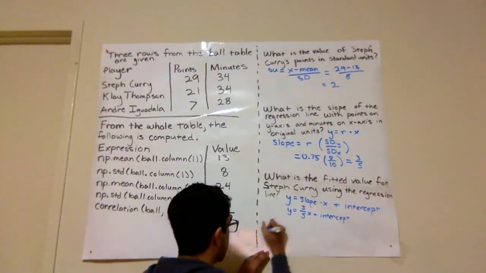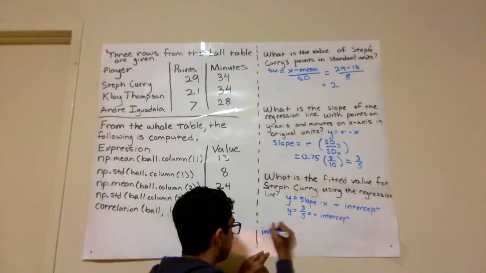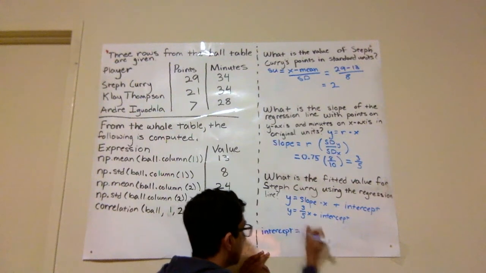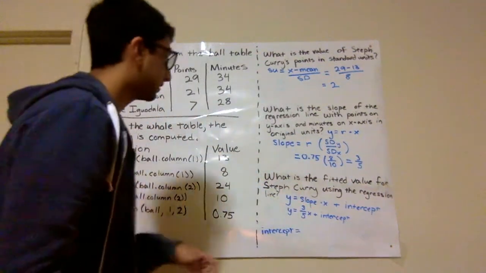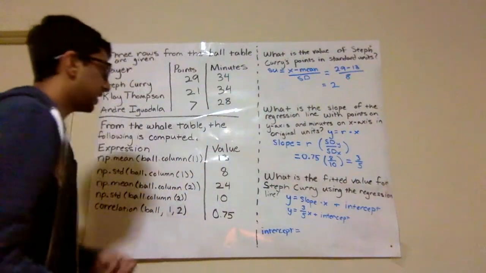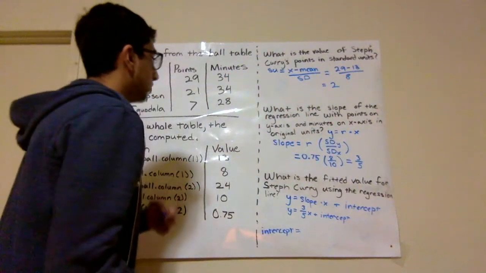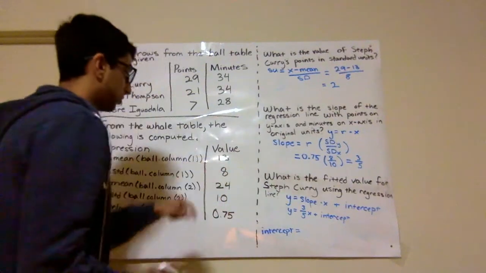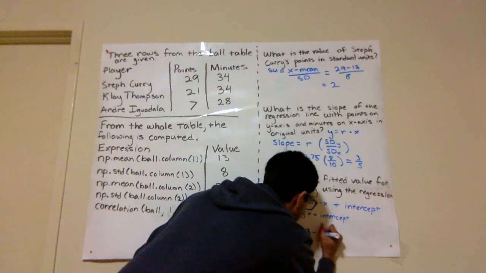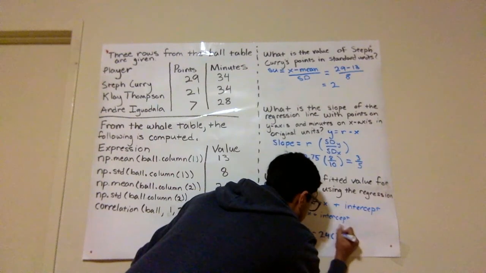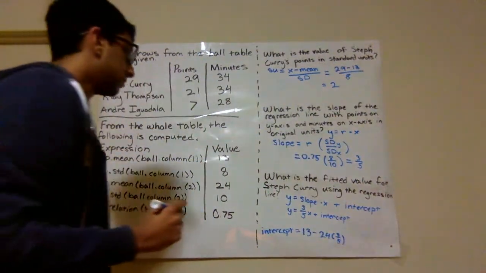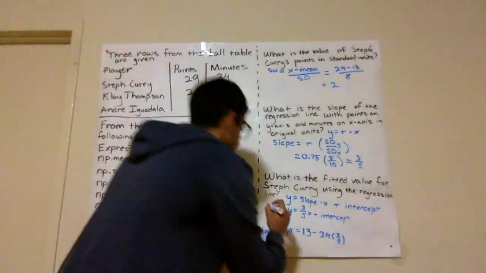Our intercept is calculated by taking the mean of y and subtracting the slope times the mean of x. So we take our mean of y, which is given to us, again, points, so we look for 13. We're going to do 24 times 3/5. That's our intercept.